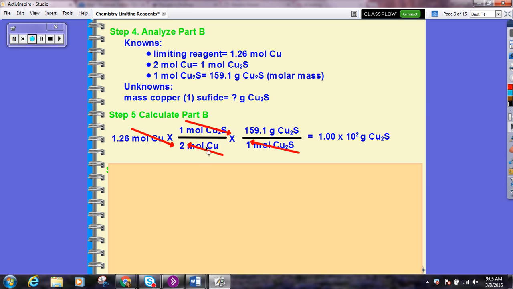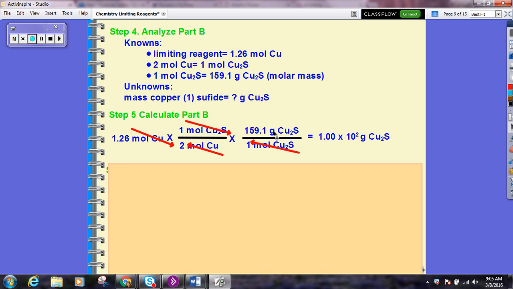Our next step, since we've gotten to moles of copper 1 sulfide, is to get it to grams of copper 1 sulfide. We already know how to do this, but we're making this a bigger part of the equation. So we're taking moles of copper 1 sulfide, and we're going to multiply it by the number of grams in the molar mass of copper 1 sulfide.